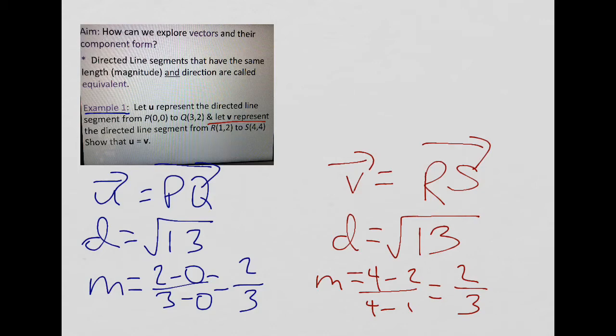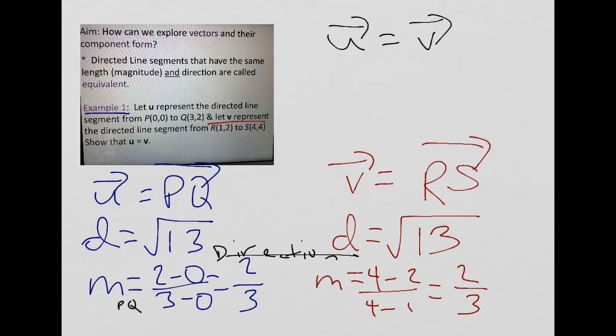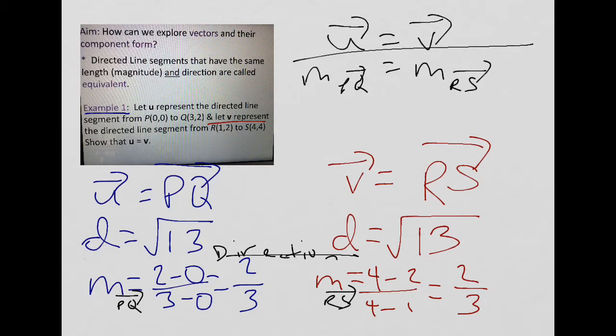So show that vector U is equal to vector V. Well, we kind of did all of that hard work already. Okay, so we found the direction because the slope of vector PQ was equal to the slope of vector RS. So once we found that those two slopes were the same, that means they're going in the same direction. Okay, and magnitude.